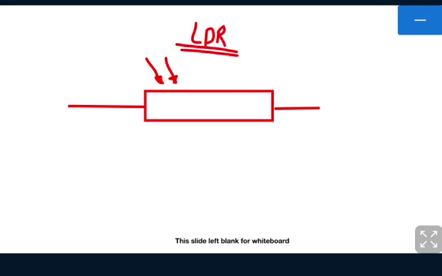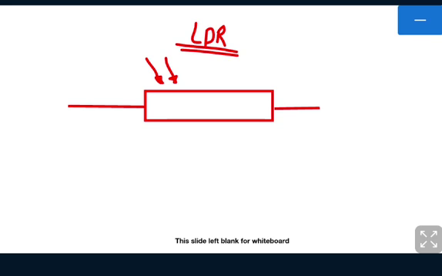Okay. So LDRs are light dependent resistors, and they are used to detect light levels, for example, in automatic security lights.